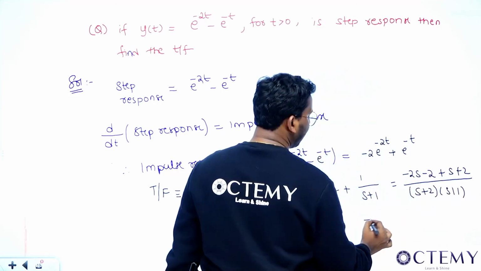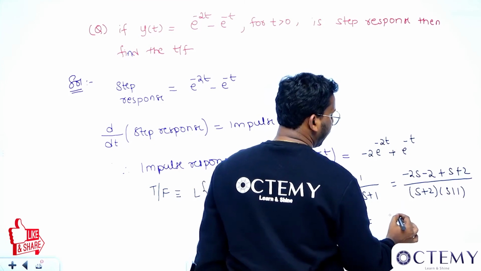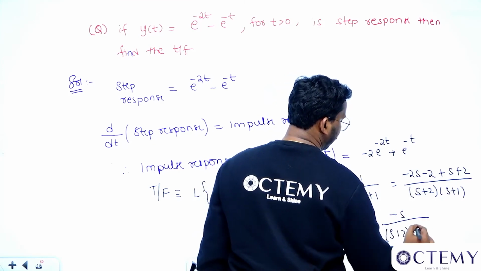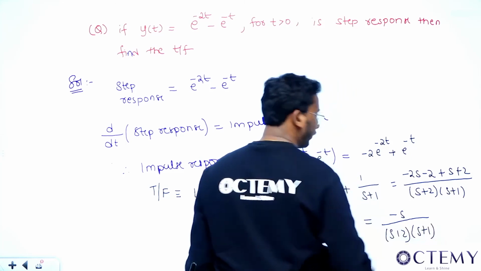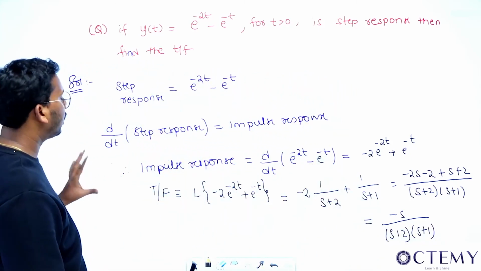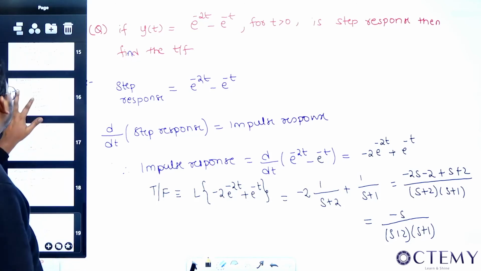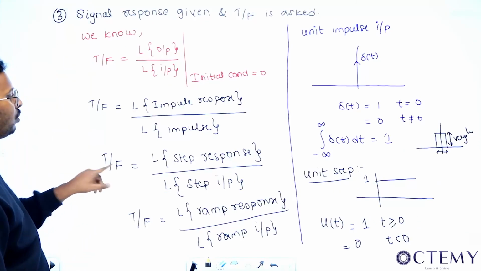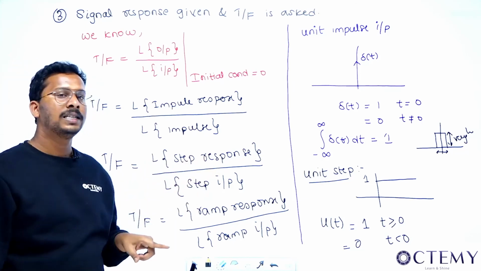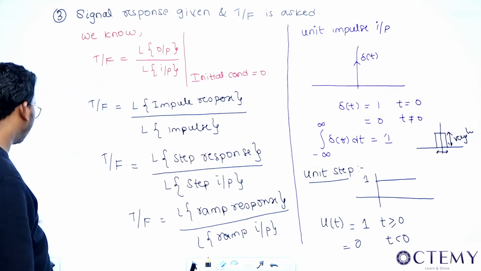So if you solve this, you will get it as minus s divided by s plus 2 into s plus 1, right? Say if you wanted to do it with the other method, no sir, I did not like this, you tell us with this method, right? Here you told if step response is given, you take the Laplace of step response divided by step input, you should also get the same answer. See, sir, you will get the same answer.